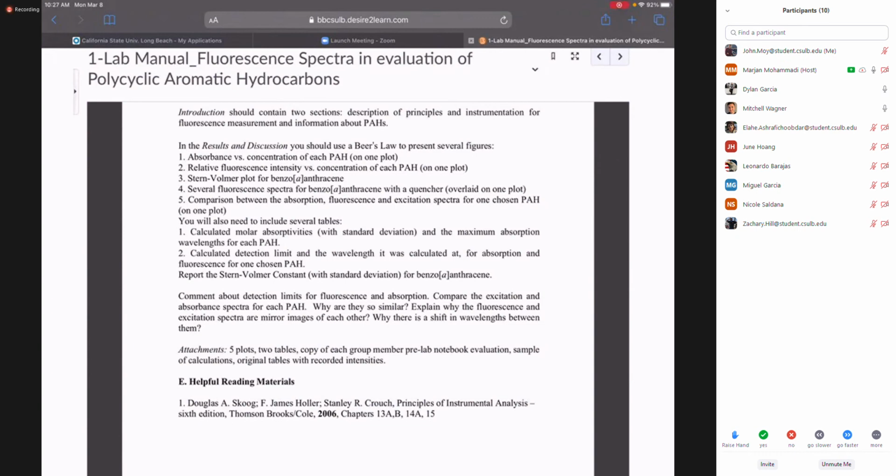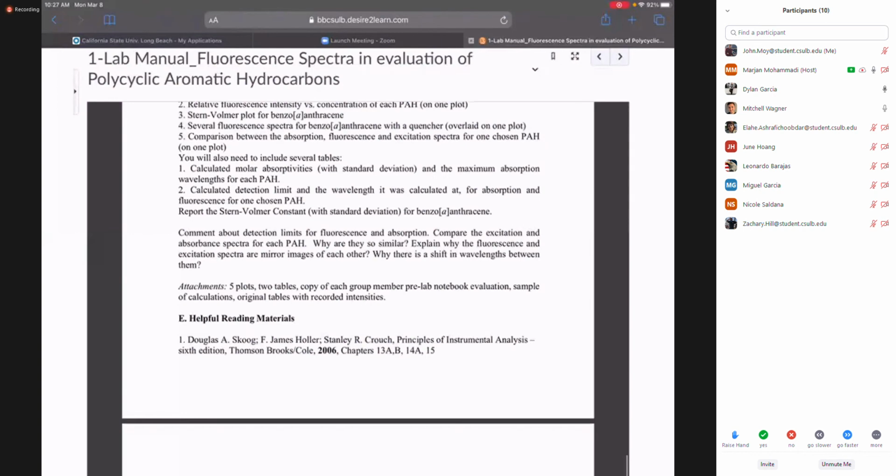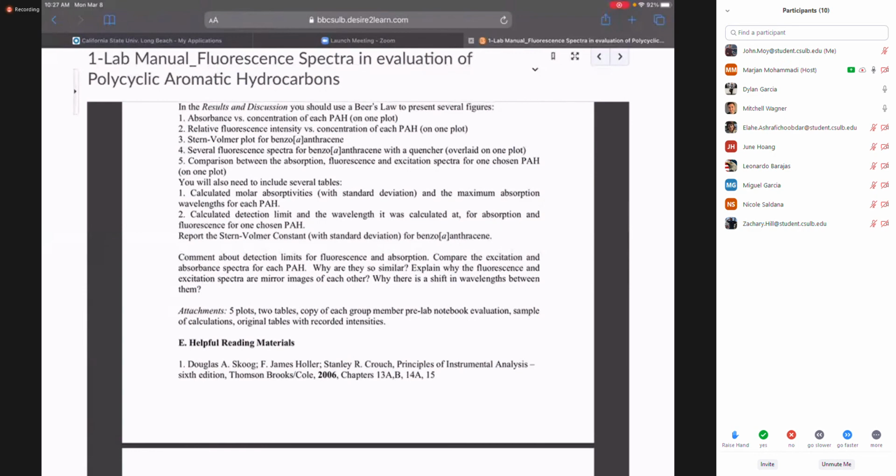Compare the excitation and absorbance spectra for each PAH. So you need to give me four excitation spectra as well. It's on the top part, which is number 2. Exactly. Okay, makes sense.